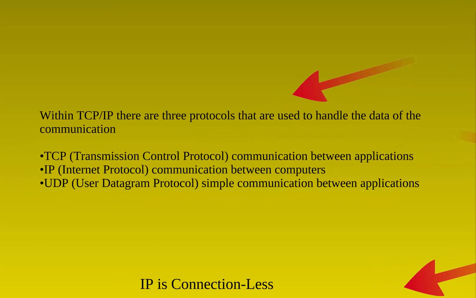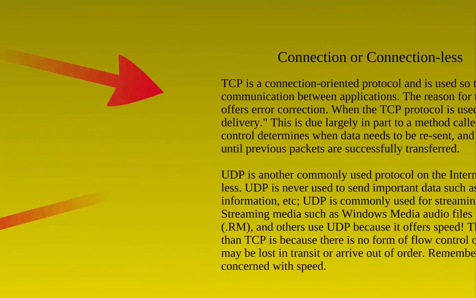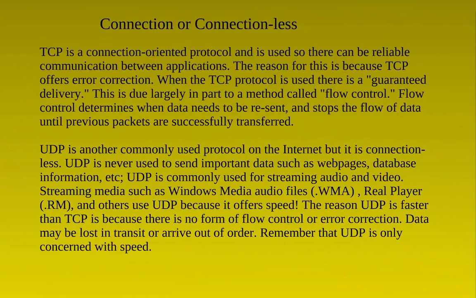We're going to talk about three protocols. There's TCP, there's IP, and there's UDP. The distinction that we want to develop here is the idea of a connection-oriented protocol and a connection-less protocol. Now, TCP is a connection-oriented protocol. Its primary function is to provide reliable communication between applications.